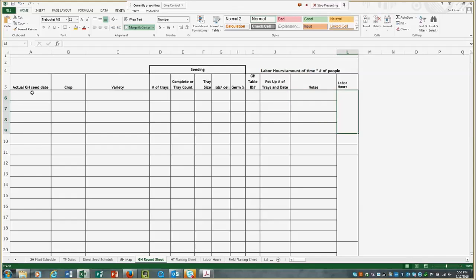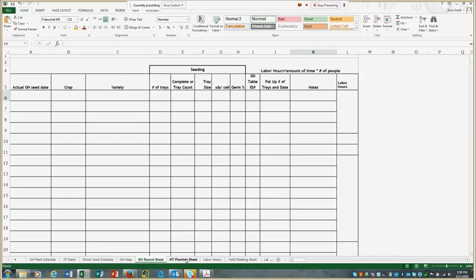This is a little more of a complicated template, but you could take some of these columns out if you want. It's just a basic template you can use to physically write this information down. And then once you've done this for the year, you can go back and revisit this and use this information to adjust your planting spreadsheet.